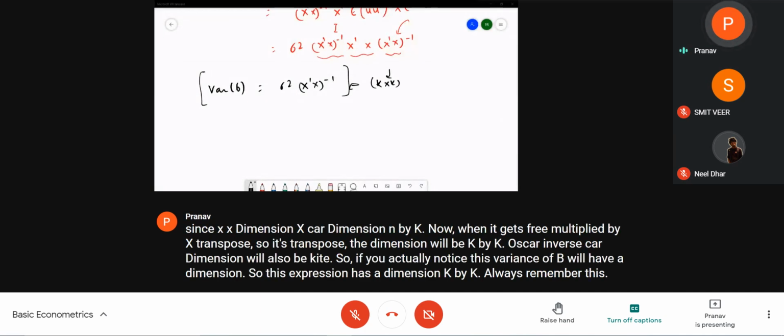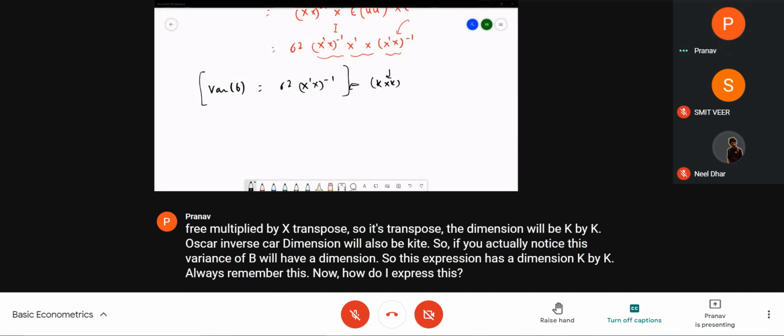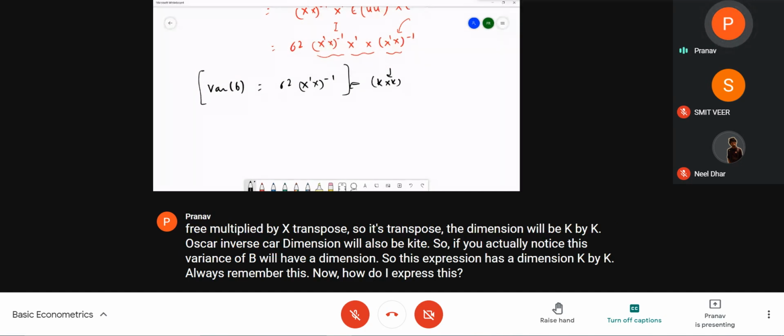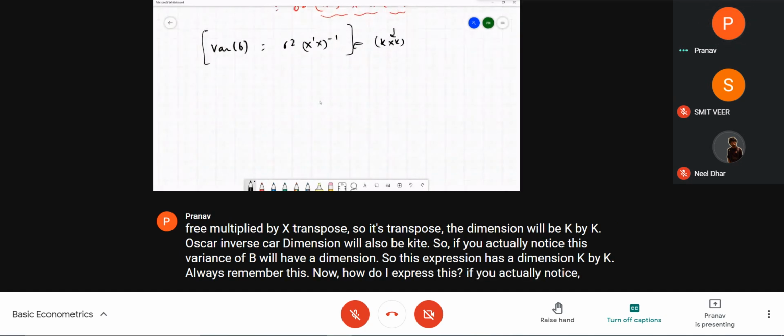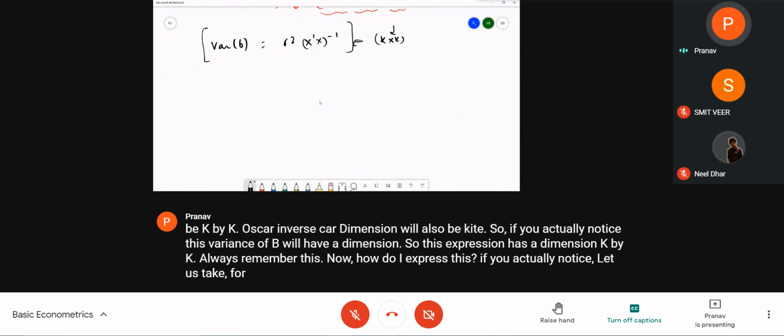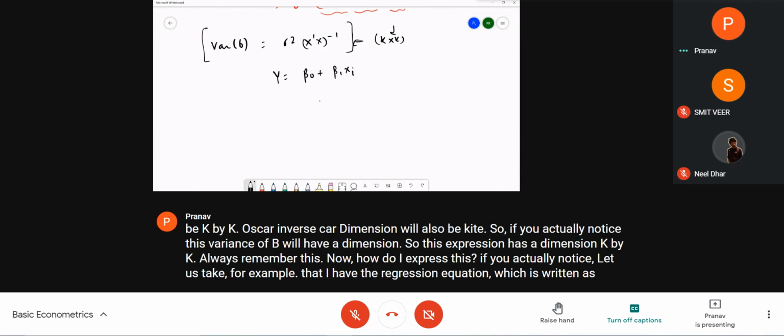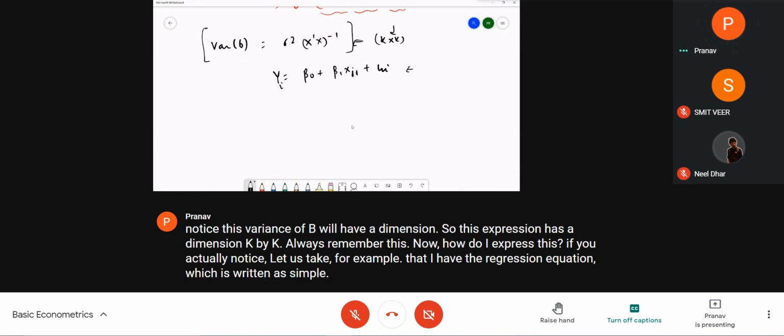Now, how do I express this? If you actually notice, let us take, for example, that I have the regression equation, a simple linear regression function.